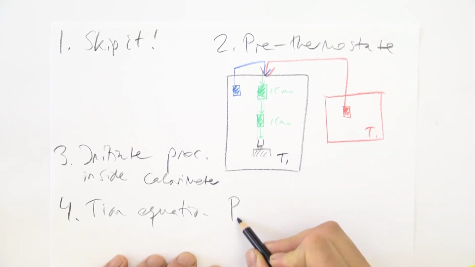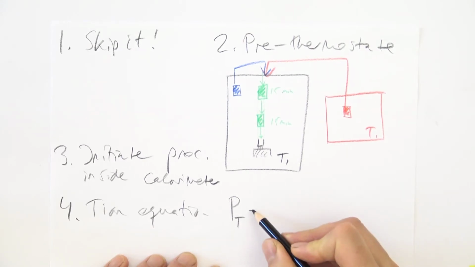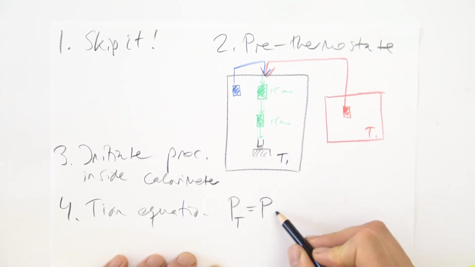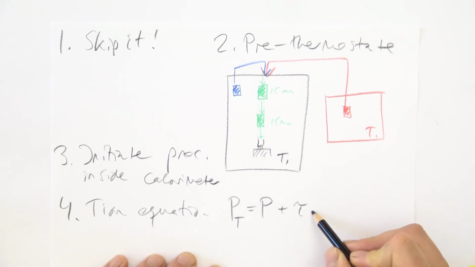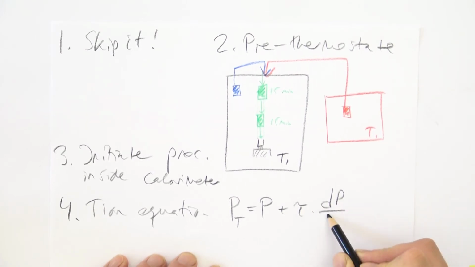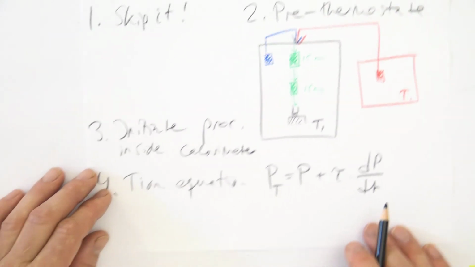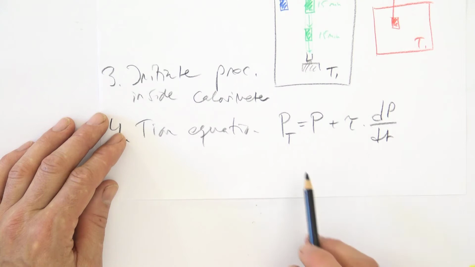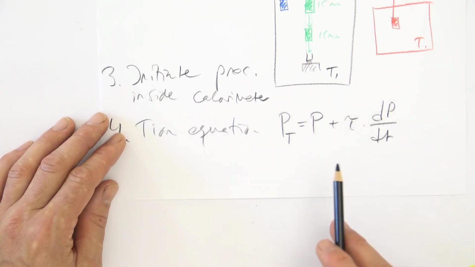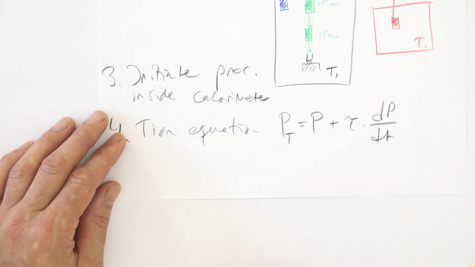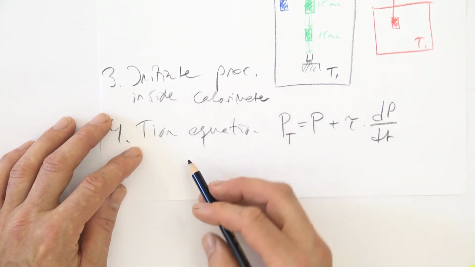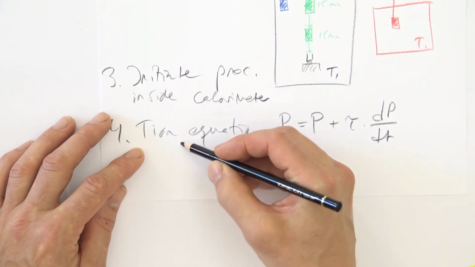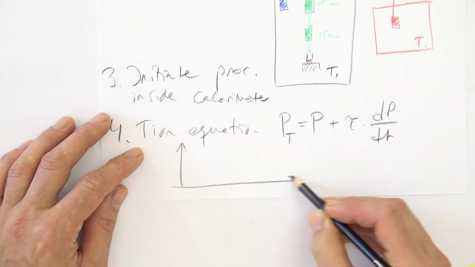The thermal power that has been Tian corrected is the thermal power plus a time constant times the time derivative of the thermal power. So this is a simple model. It's not a perfect model, and it doesn't work very well for the initial disturbance, but it can at least decrease the effect of the initial disturbance.